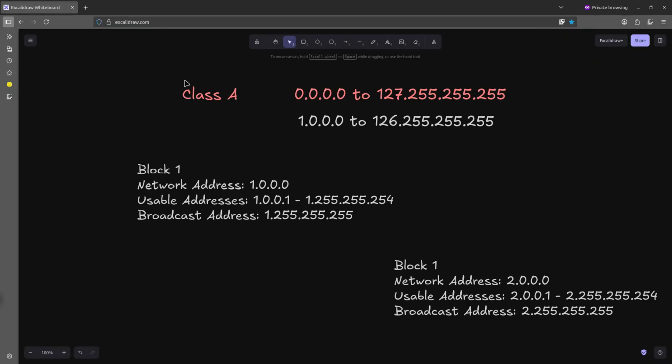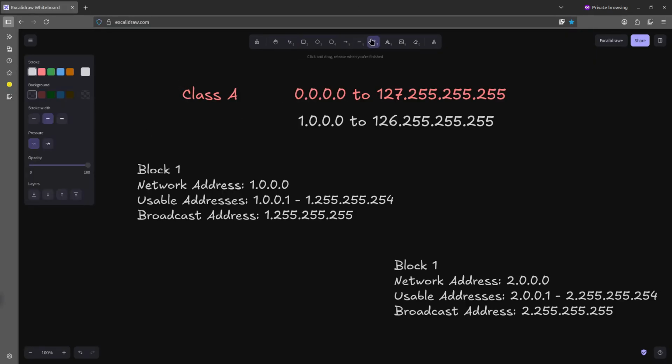Okay. Now, class A, again, I need to clarify one thing. Class A mathematically begins from 0.0.0.0 to 127.255.255.255. However, IP addresses of 0.0.0.0 and 127.0.0.1 are mainly for placeholders or loopback. I'll get into it later, or we can just skip that for now.